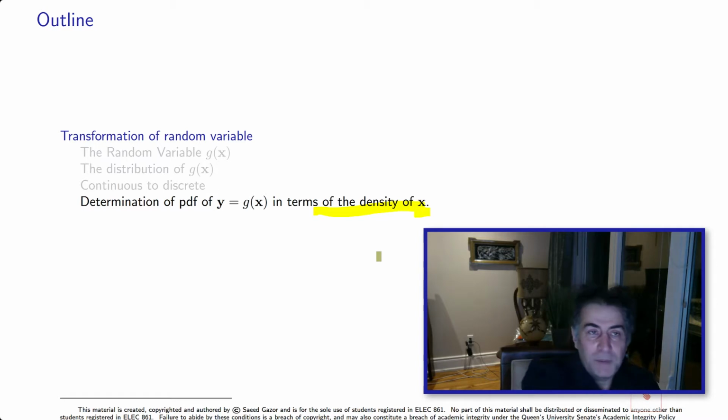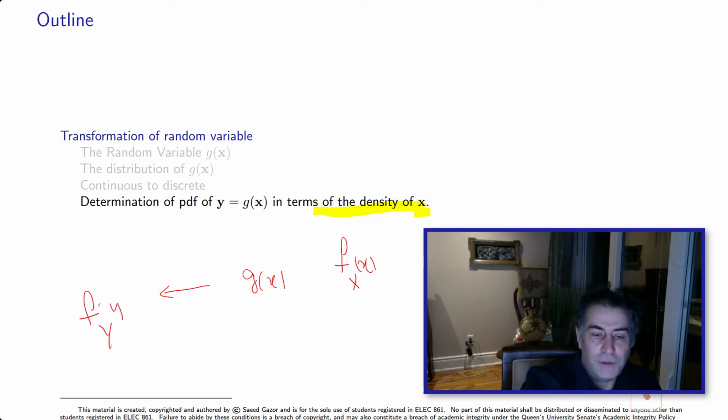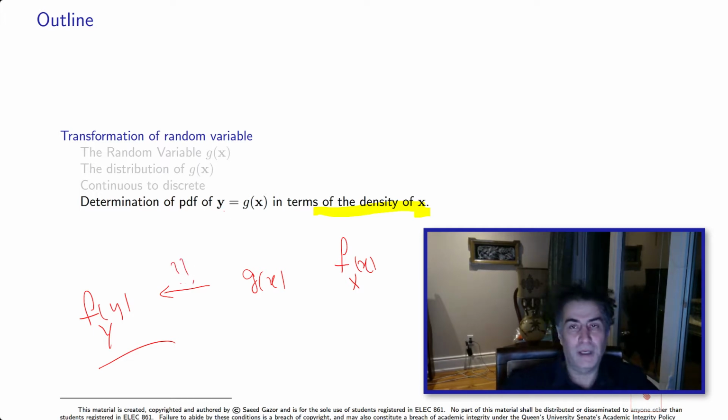So we have the PDF of x, fx of x, and a function g of x is also given, and we want to find the PDF of y, fy of y, in terms of y. So we want to know how we could determine this. We will develop a very specific procedure for that.